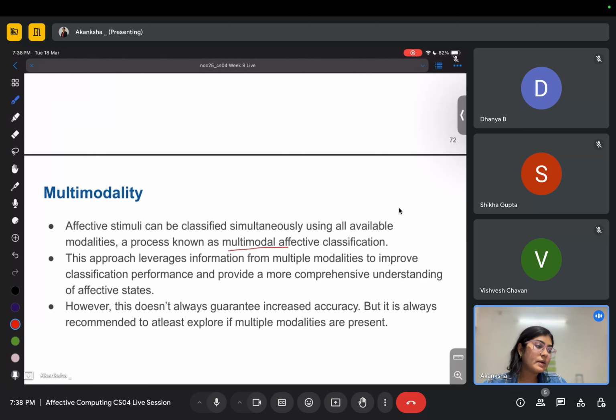We call it multimodal affective classification. We're talking about this since this lecture began. Now it helps us to improve the scores, but does not always guarantee increased accuracy. However, it can provide some good insights into the additional information. If by chance we are able to obtain some complementary information, then it will enhance it as well.